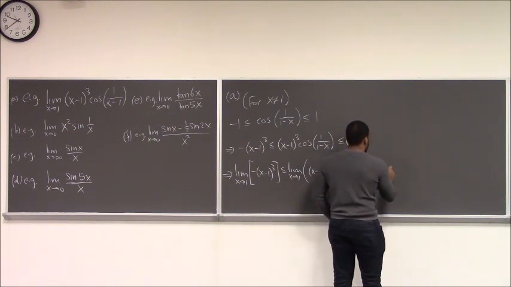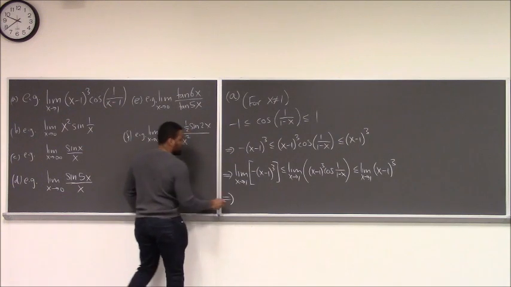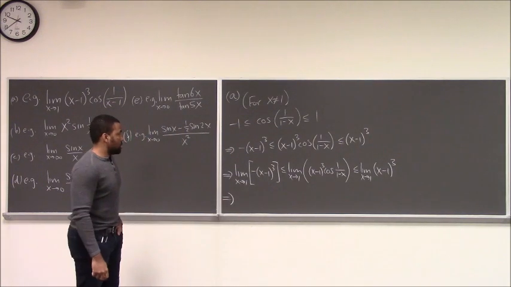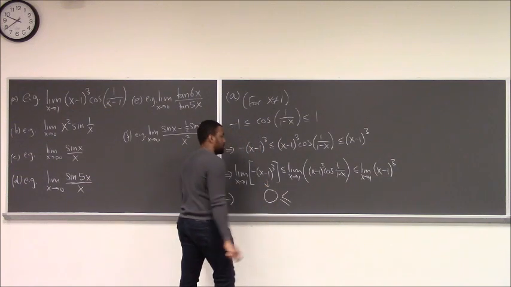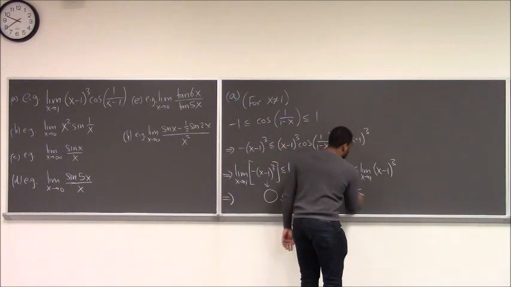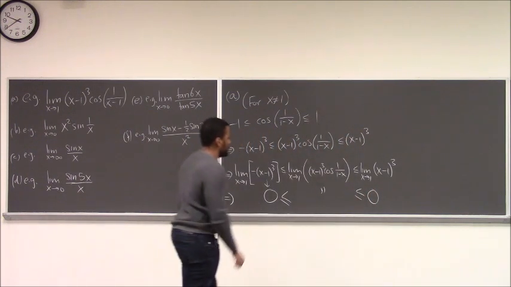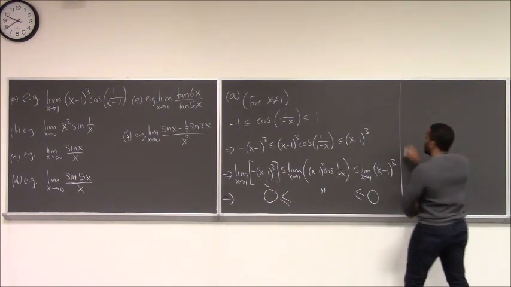Then what do you get? You plug in the 1 and you just get 0 on either side. On this side you get 0, this side, ditto, and on this side you get 0. So the limit must be equal to 0 because it's squeezed between each one.